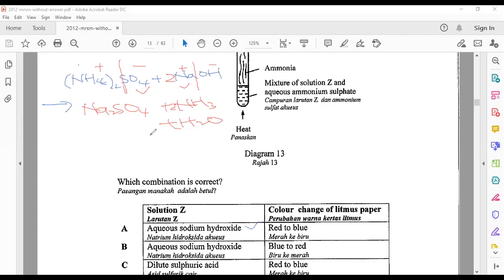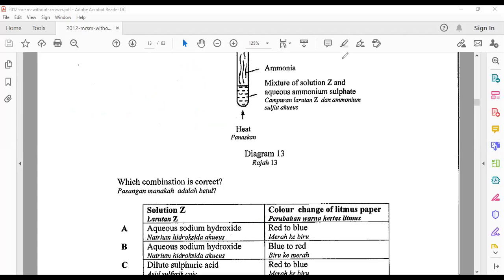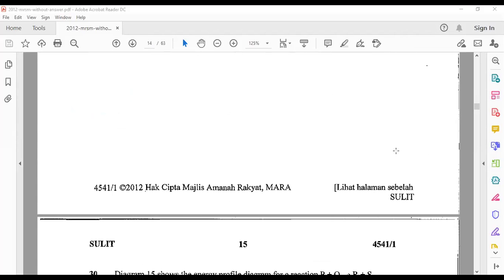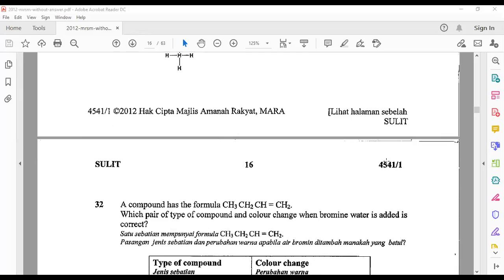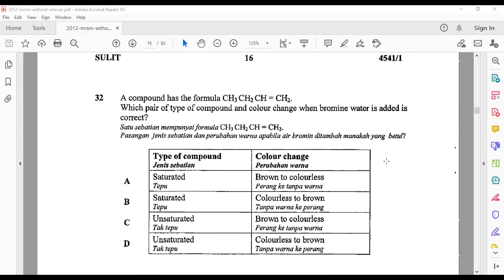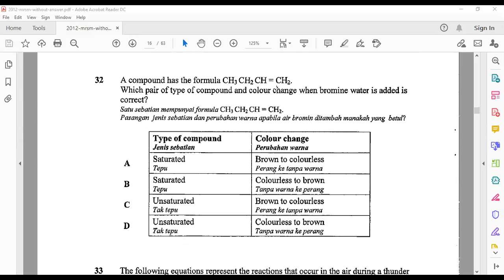And now we are going to move on to the next question, which is question 32. Question 32 says that a compound has the formula as shown. Now, what is the name of this compound?